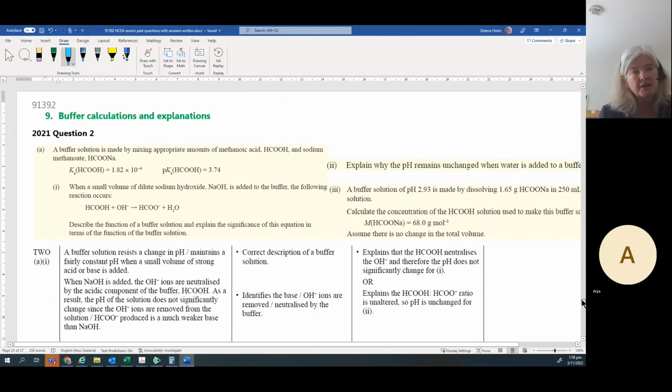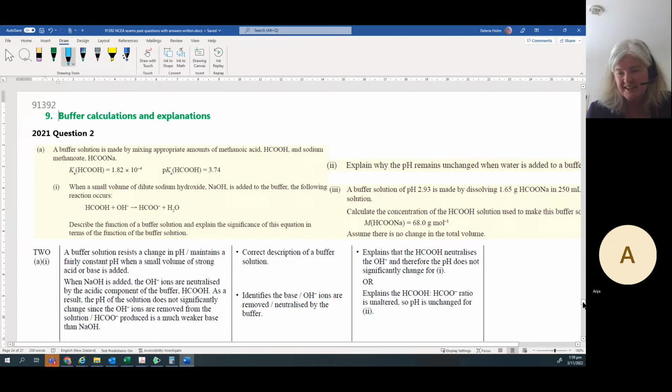And then the final thing is buffer. Now, with buffers, sometimes there's hardly any questions, and other times, like 1.5 questions of the whole paper is on buffers. So make sure you know how to use buffers. Now, there will always be a question on a buffer. Well, I think always.